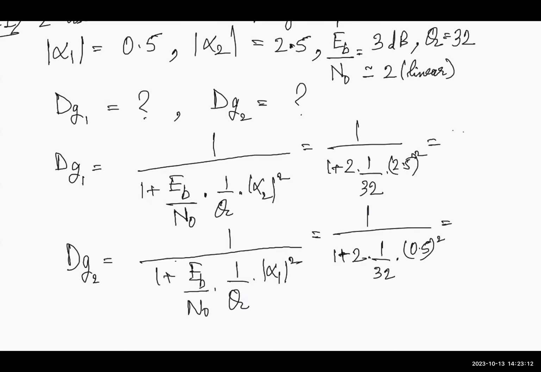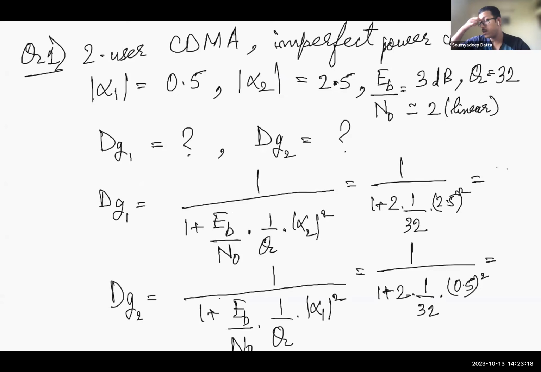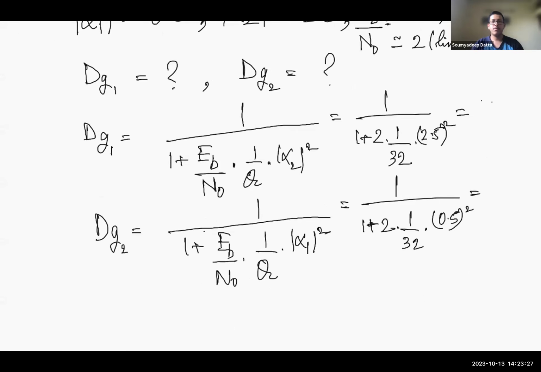What is exactly the degradation factor, sir? Why is it called degradation factor? Because, see, this quantity is obviously 1 by 1 plus something, so you can see mathematically that it is less than 1. If you multiply a quantity that is less than 1 to another quantity, it will reduce the value, right?